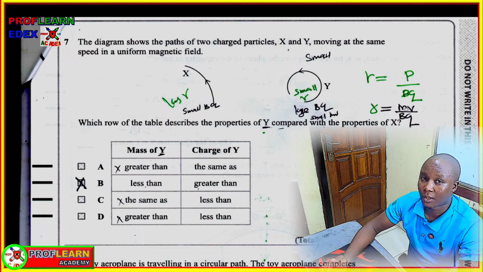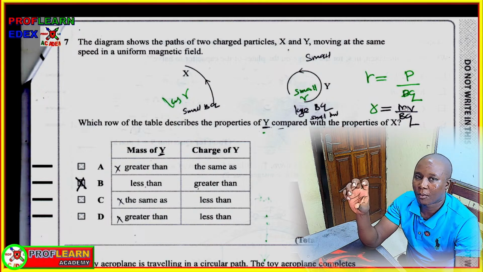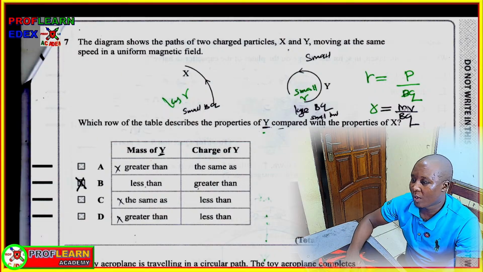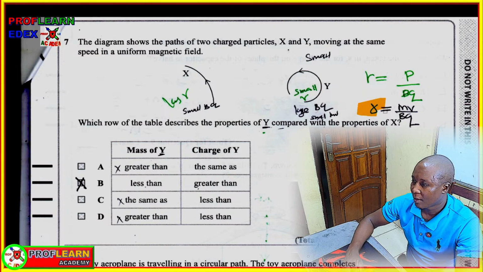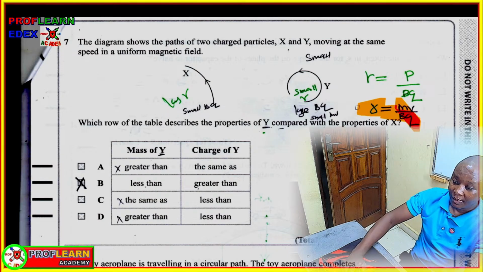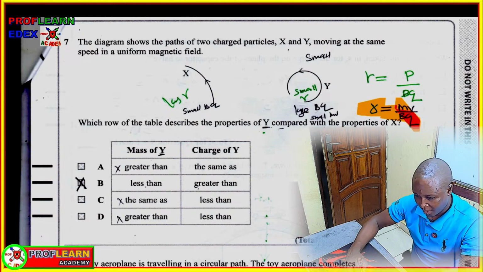The only way we can reduce the momentum is by having a smaller mass, and when you have a small mass, you have less momentum. Once you increase the charge, you get a smaller radius as the charge keeps increasing. Basically, the most important thing is to make sure you remember how to use this formula, because that is a concept that has to be tested.